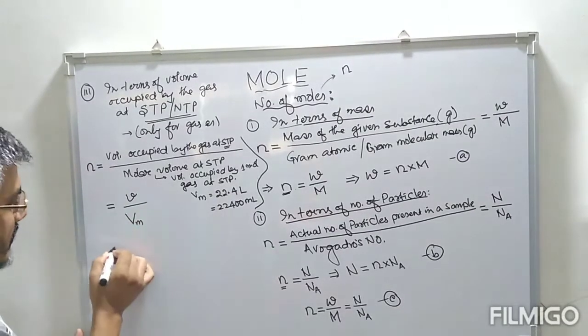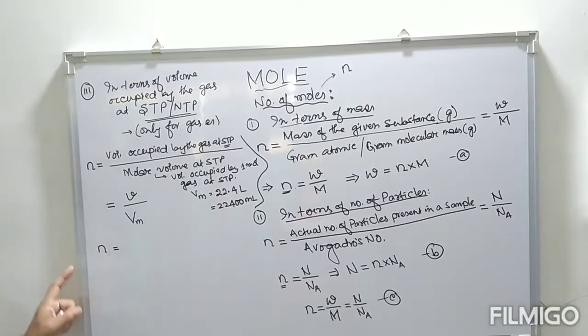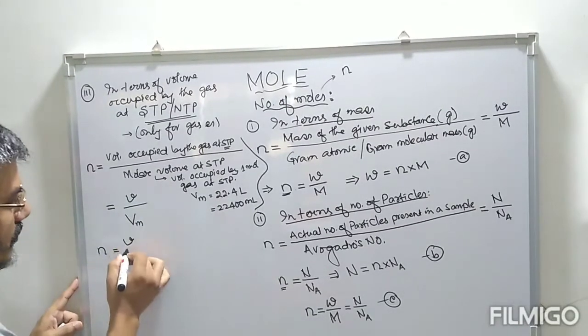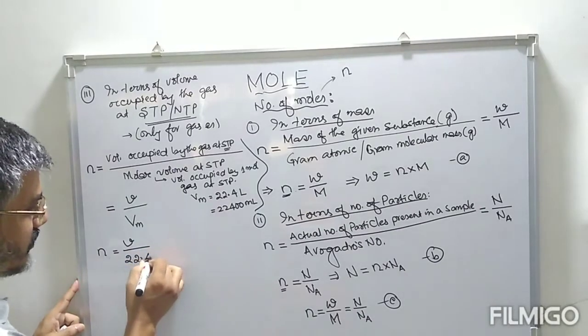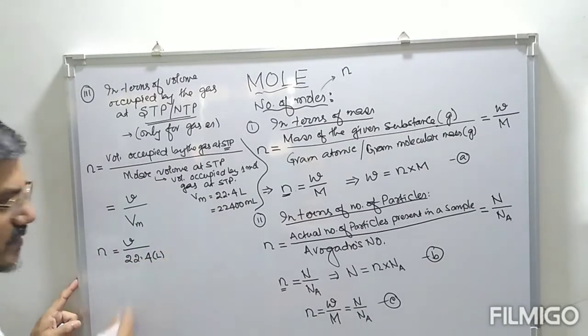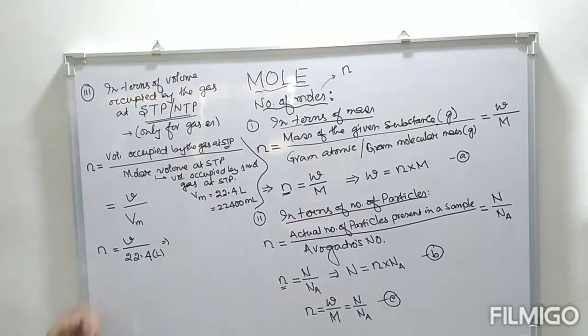So therefore, this number of moles is equal to the volume occupied by the gas at STP divided by 22.4 liter. From this we can define the actual volume occupied by the gas.